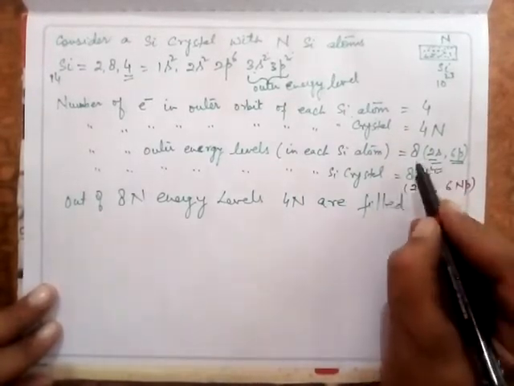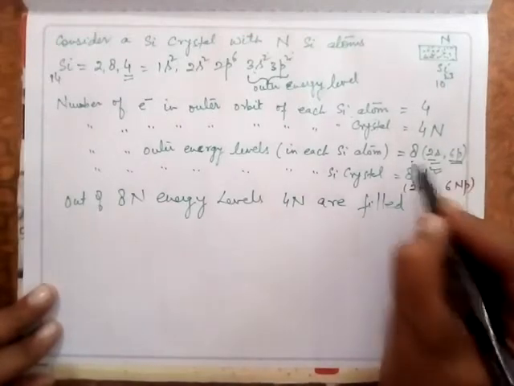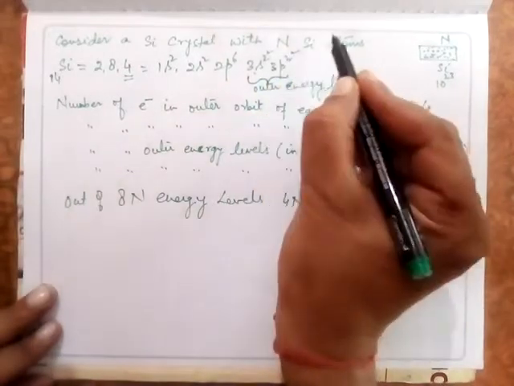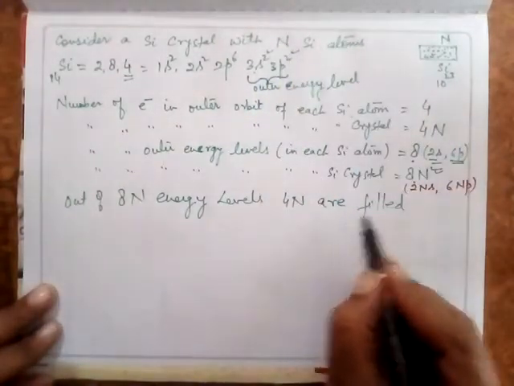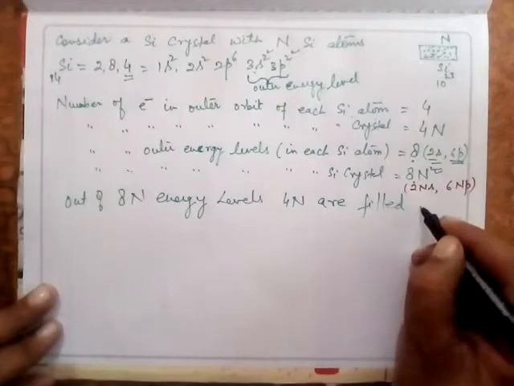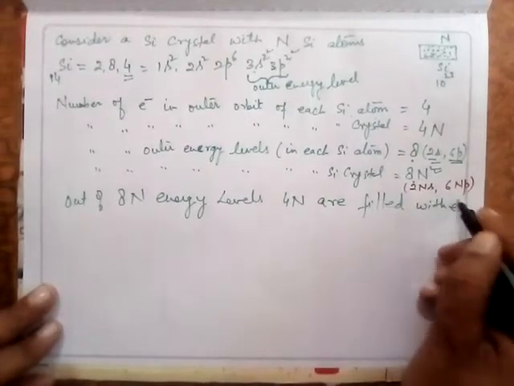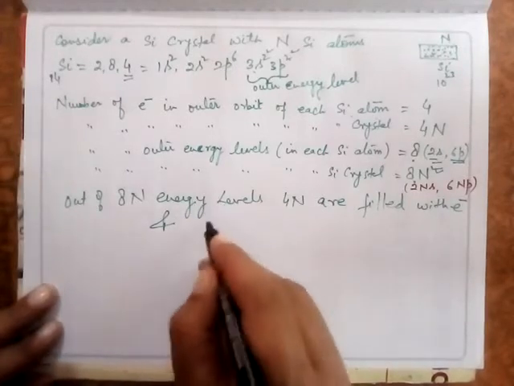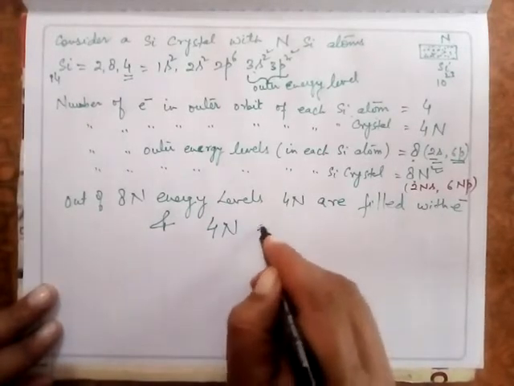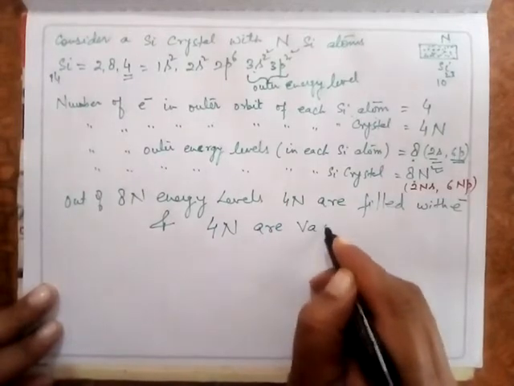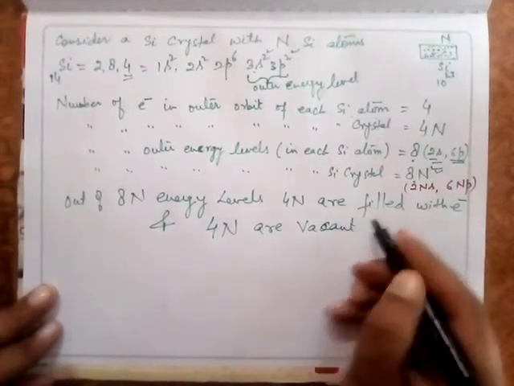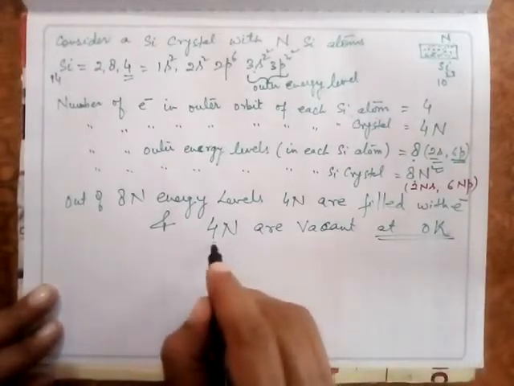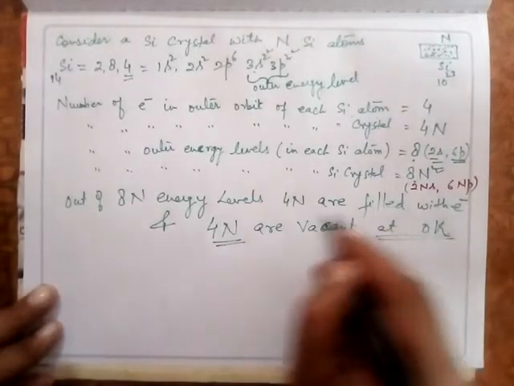In one atom there are 8, in n atoms there are 8n, and out of them 4n are filled with electrons, and at the same time 4n are vacant, of course at 0 Kelvin. Now 4n are filled and 4n are vacant.